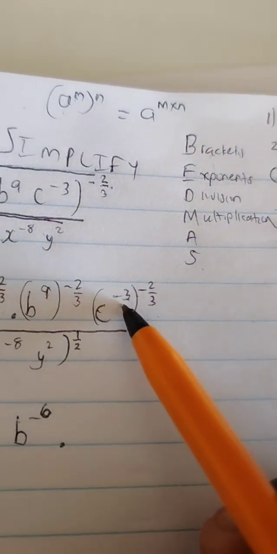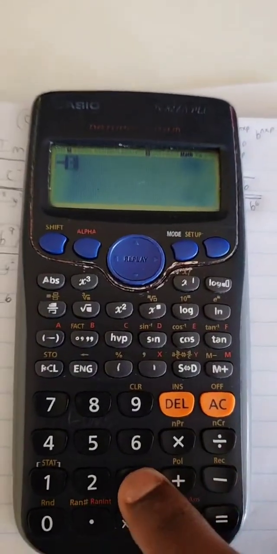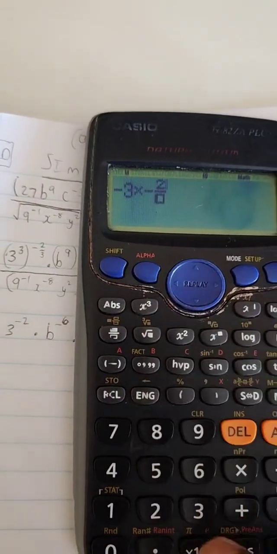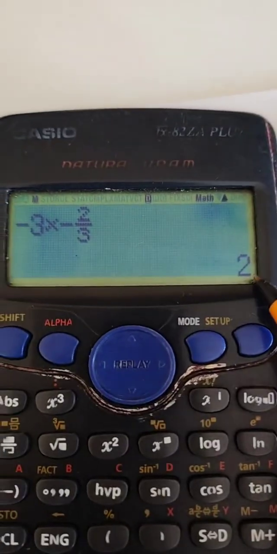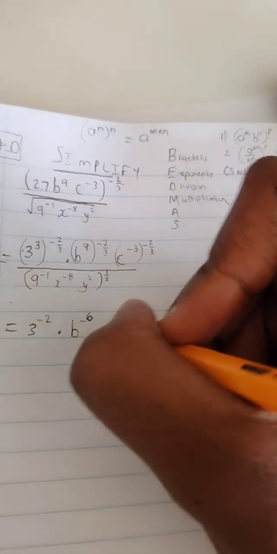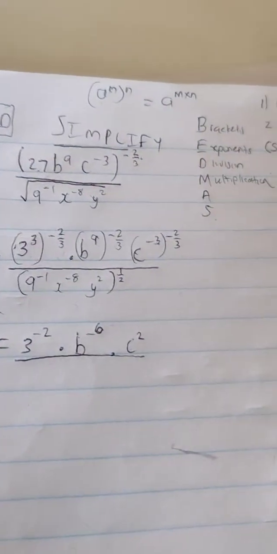Same thing, negative 3 times negative 2 over 3. Go to your calculator. You see, negative times the negative is positive, you get 2. C to the power 2.